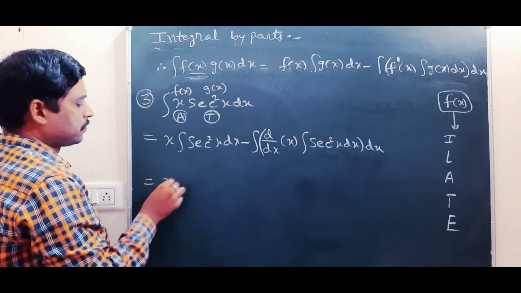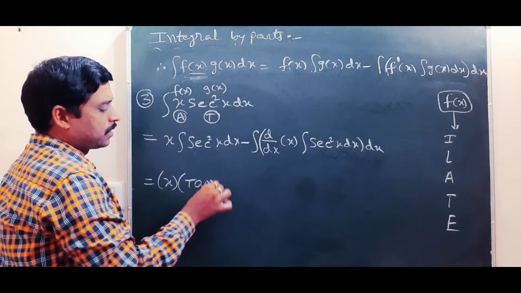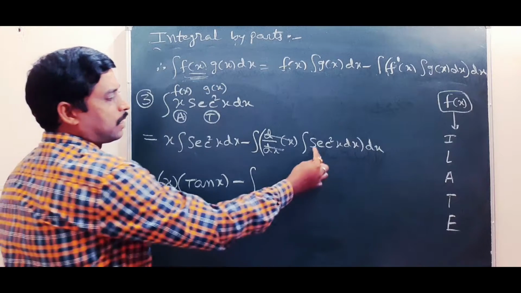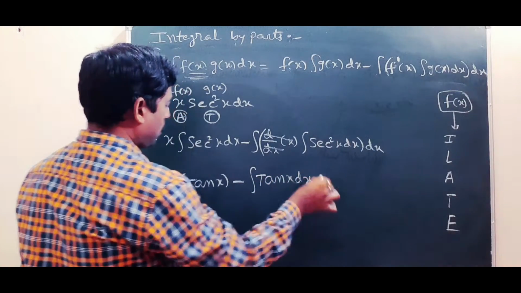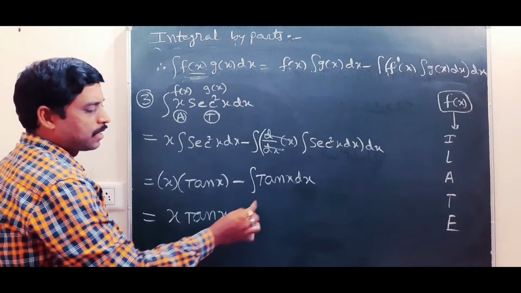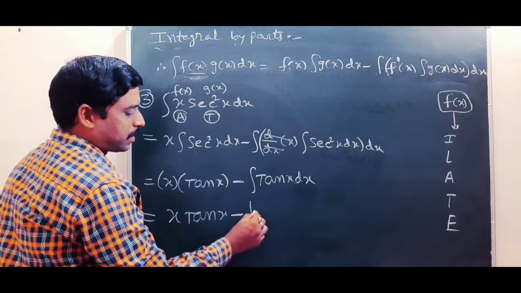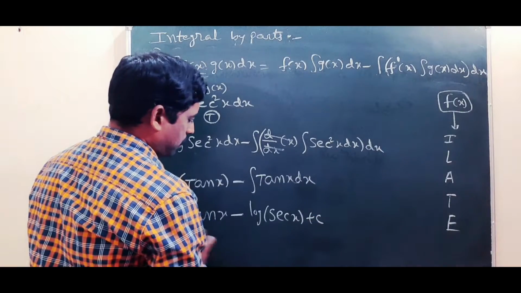So x into the integral of secant square x, we get tan x, minus, so dx gets cancelled, the integral of secant square x is tan x dx. Now it is going to be x tan x minus the integral of tan x, the integration of tan x is log secant x plus c. This is the answer.